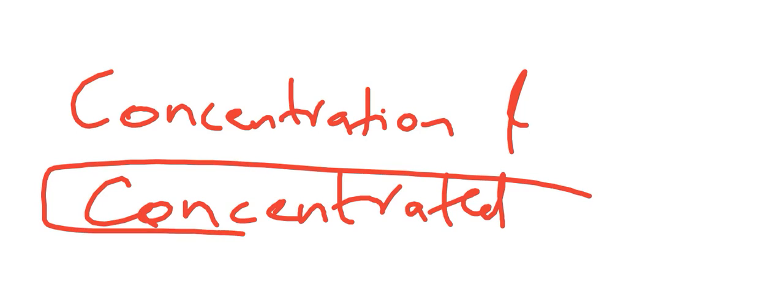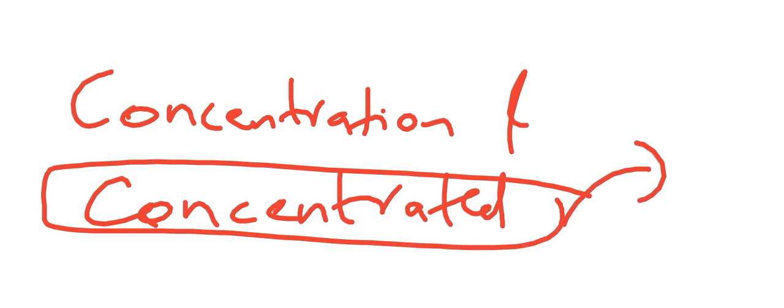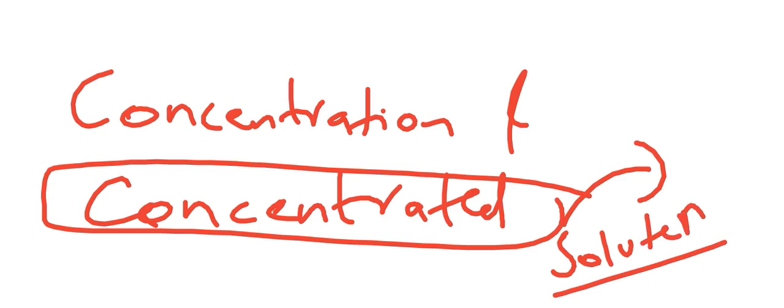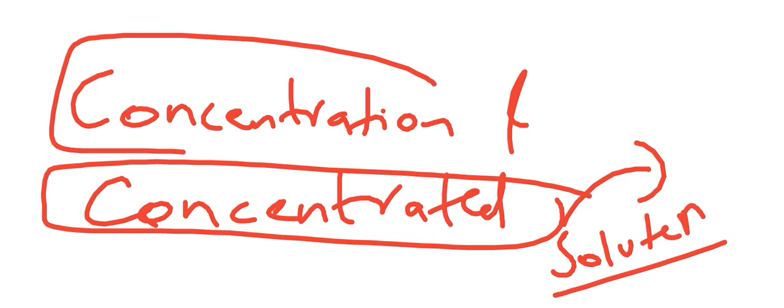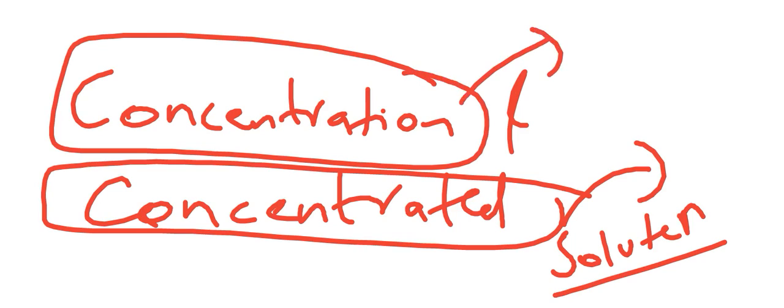Concentrated means the opposite of dilute. It means it is already containing a higher amount of solute. But when we are saying concentration of solution, we are just referring to the question of how much amount of solute is present in a solvent. Concentrated is also already stating that the solution contains a very high amount of solute.